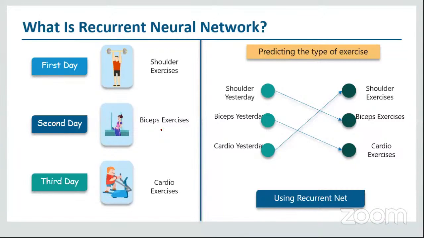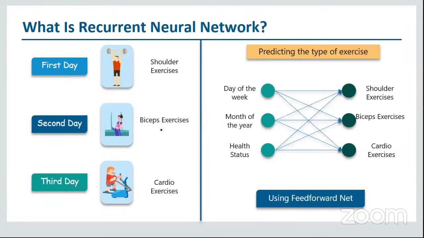Cardio yesterday, you have to do the shoulder, which means you have a dedicated link rather than one linking everything. So let me repeat it. If you see here, day of the week, month of the year, health status, which gets interconnected with all of these particular things, is your feed forward approach.